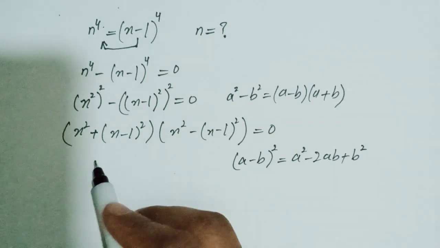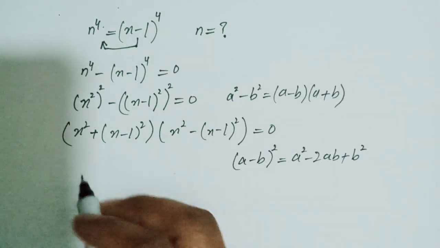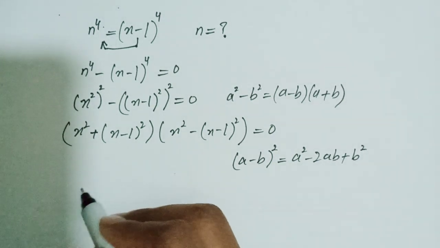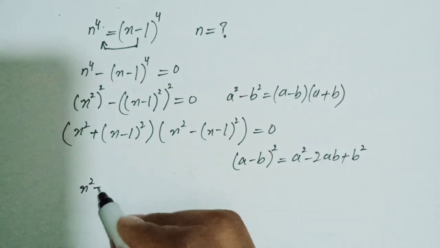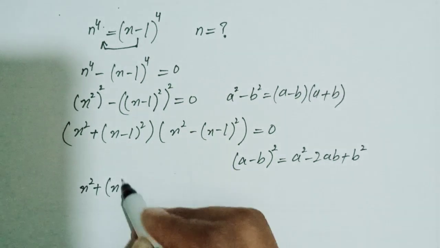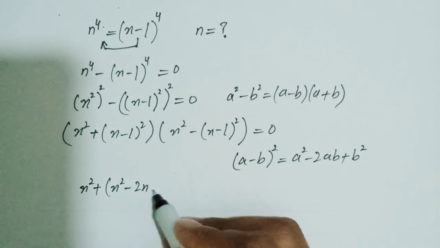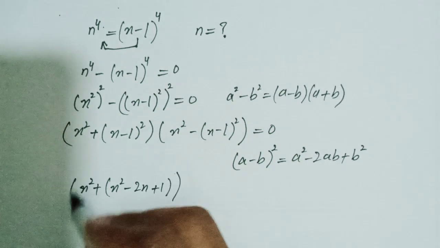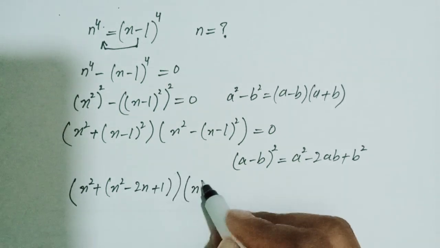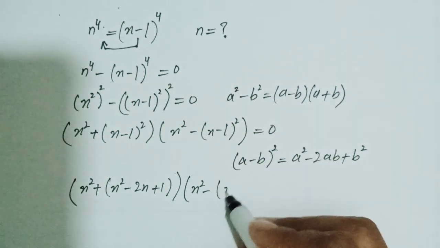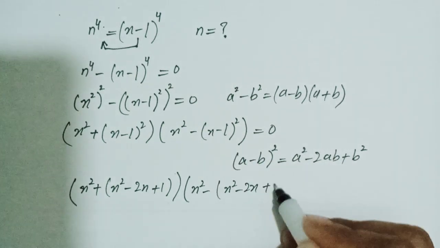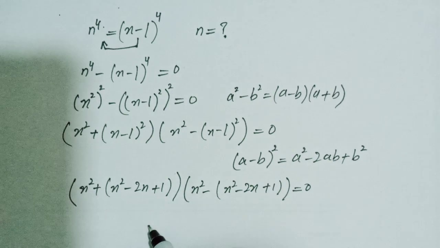So use this identity here. It will be n square plus n square minus 2n plus 1, and n square minus 2n plus 1, which equals 0.